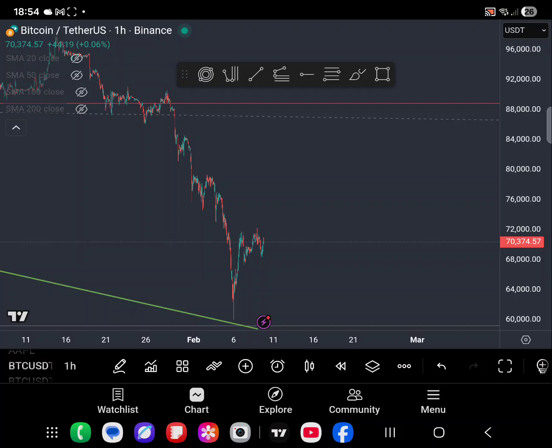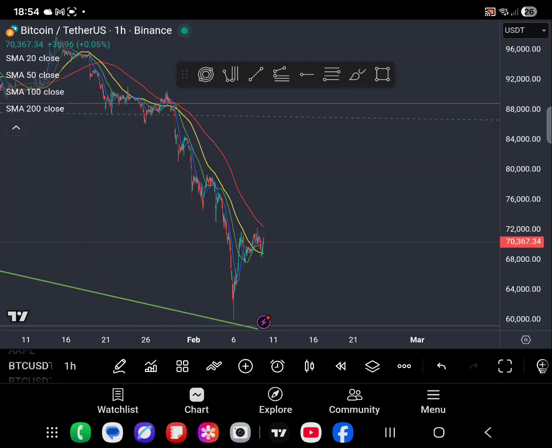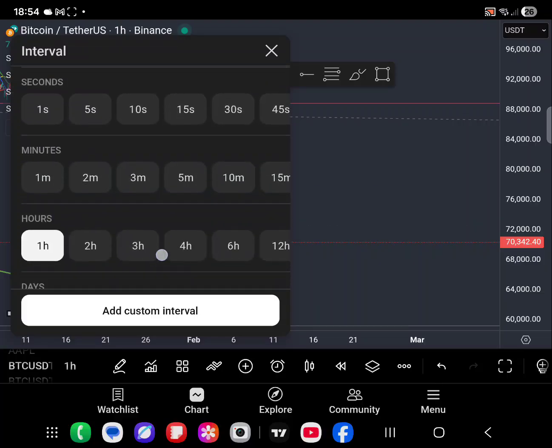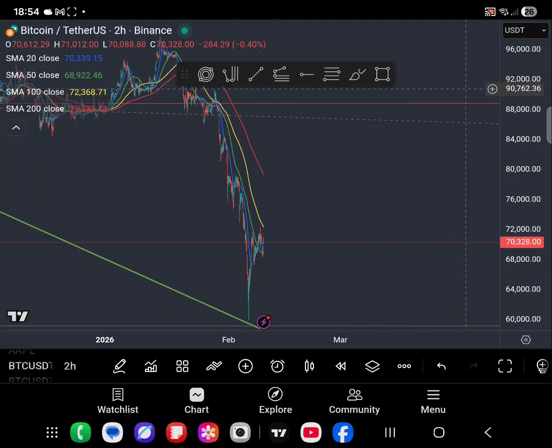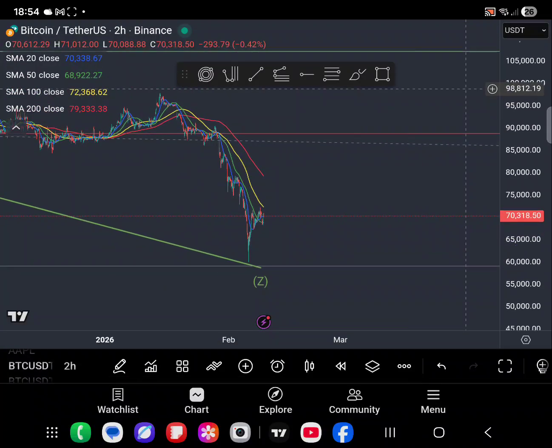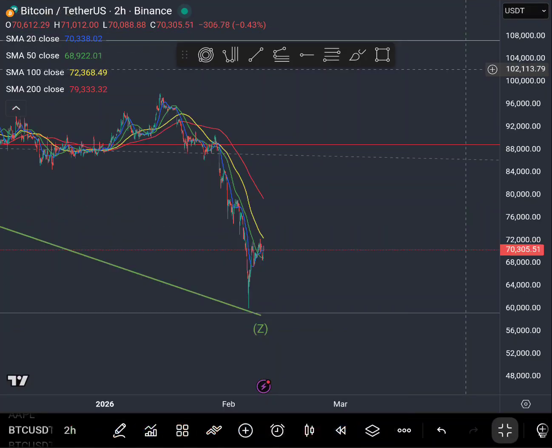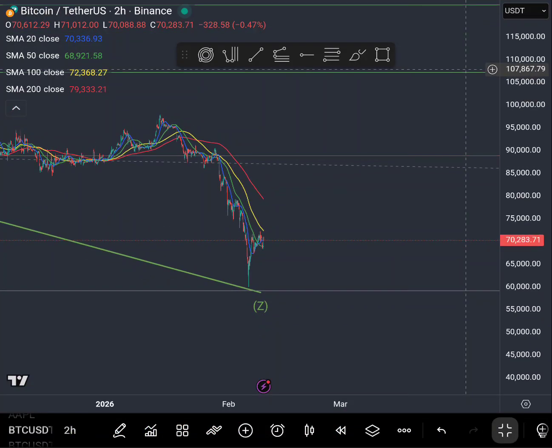So like I said, obviously I've added these indicators, so the moving averages, okay? On the 1 hour chart, we can see that price is moving up to the 200 moving average. So let's take a look at the 2 hour chart. Okay, so this is what it looks like on the 2 hour chart. Let me just increase the size here.